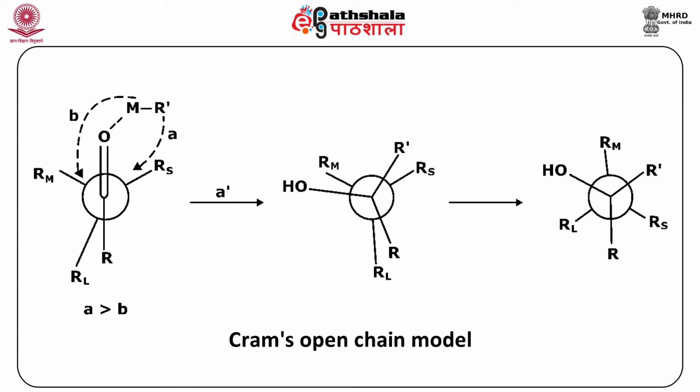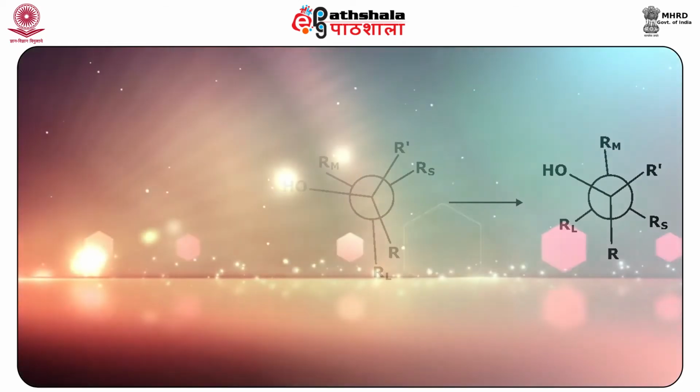The metallic part of the reagent gets complexed with the carbonyl group, and the carbanion equivalent of the alkyl group R' or H is transferred to the trigonal carbon from the side of the R group which is smaller in nature, in preference to that of the medium sized R group. That is, route A is preferred over route B to give structure 2 as shown in the figure.